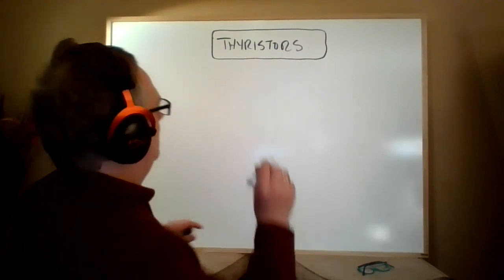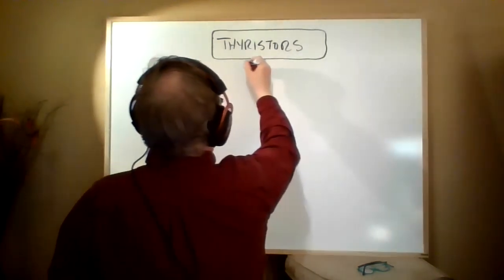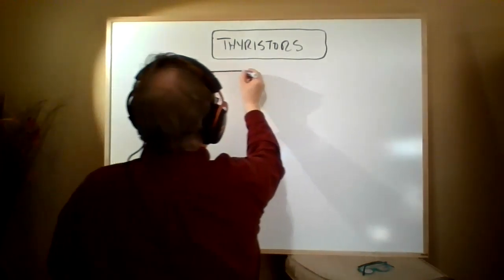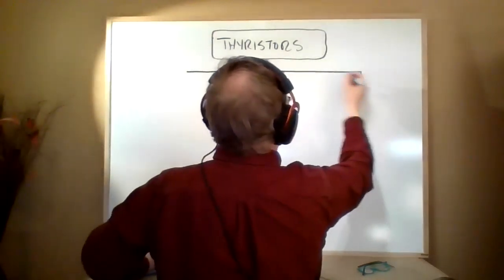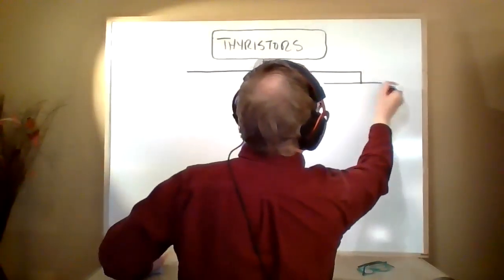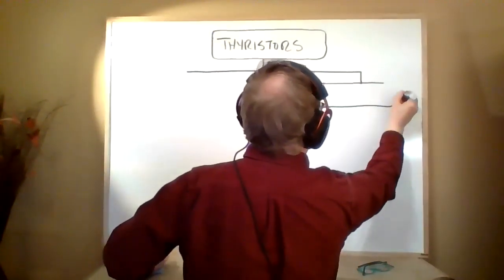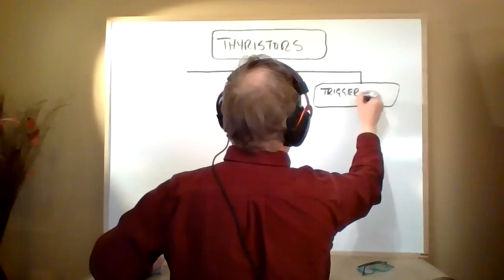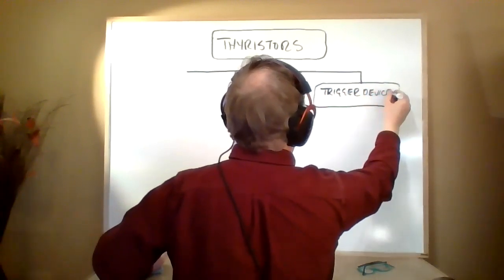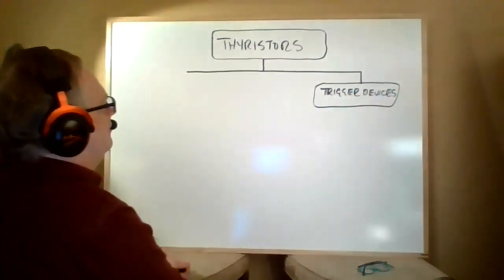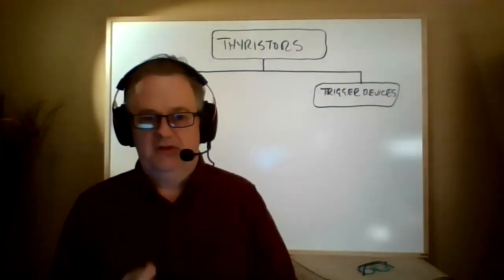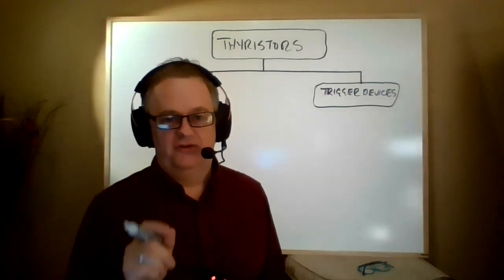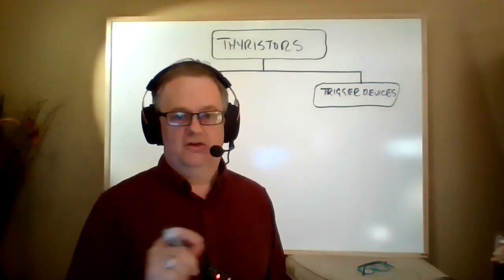Now, under thyristors, these break down into two main categories, and so I'm going to show it to you like this. Now, these are called trigger devices. And these devices on this side are going to be the devices that are going to control when the pulses are going to be received on the gates of the controllers.